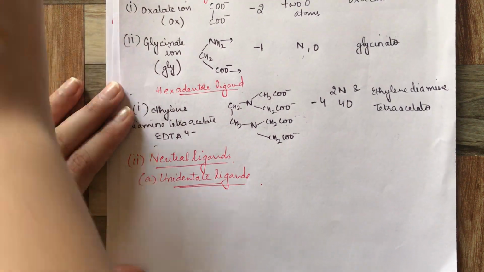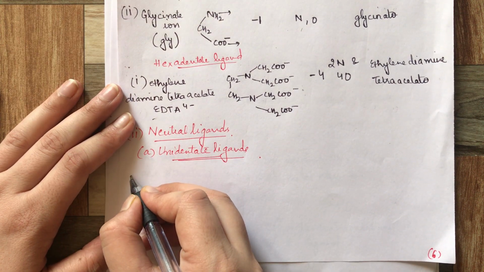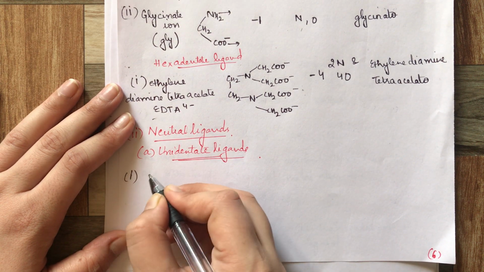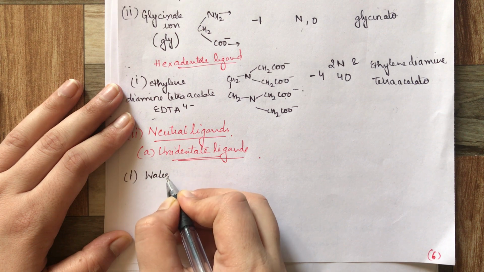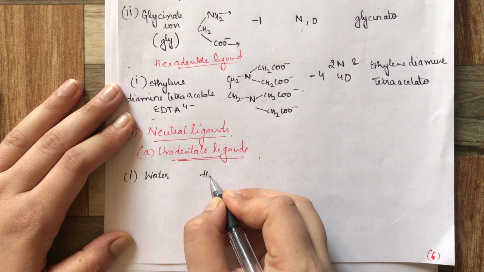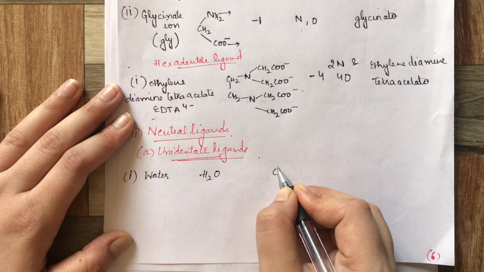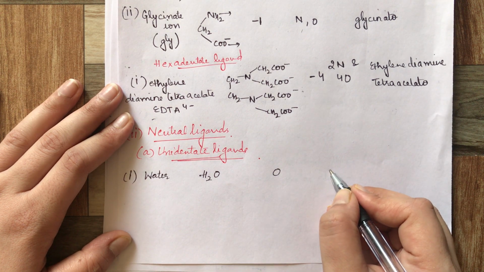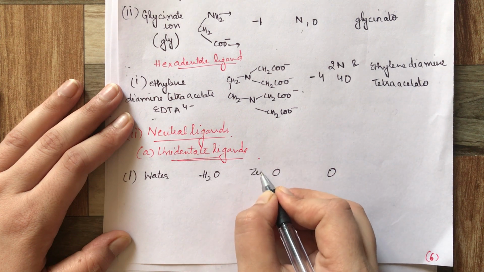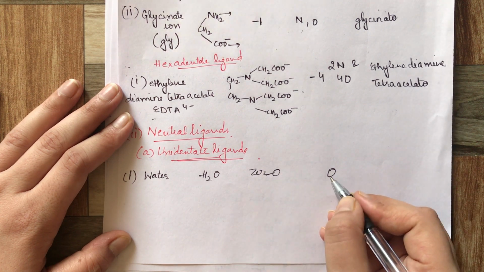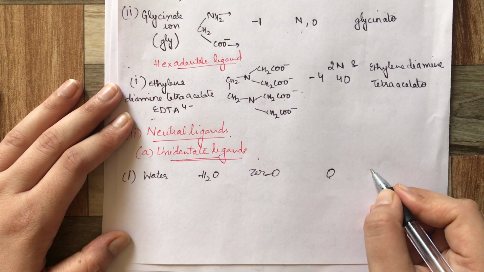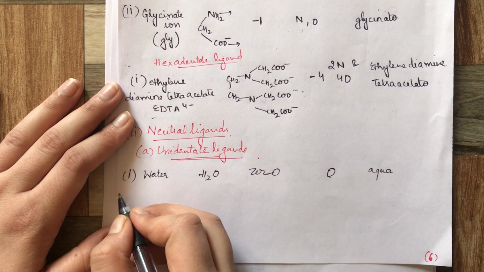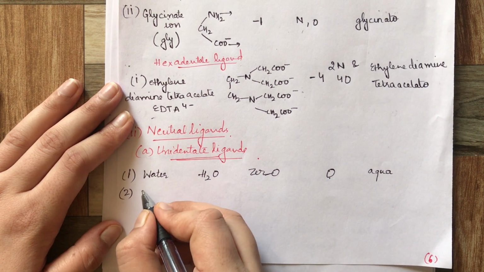The first one, very important, is water. We all know it has the formula H2O, oxidation number 0, and the donor atom is oxygen. We represent it like this: 0, donor atom is oxygen, and it is called aqua. Second, we have ammonia.